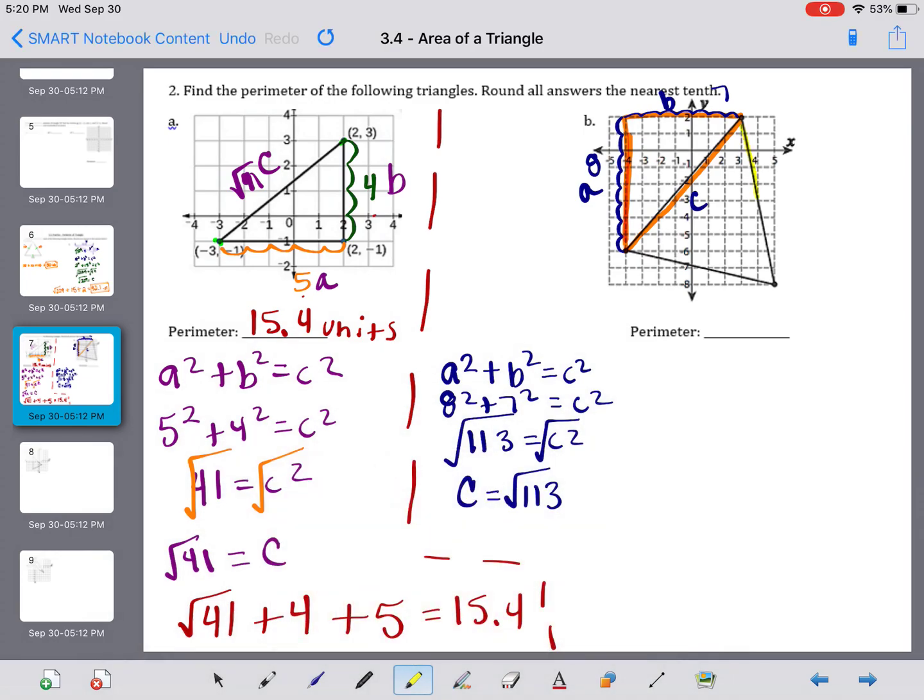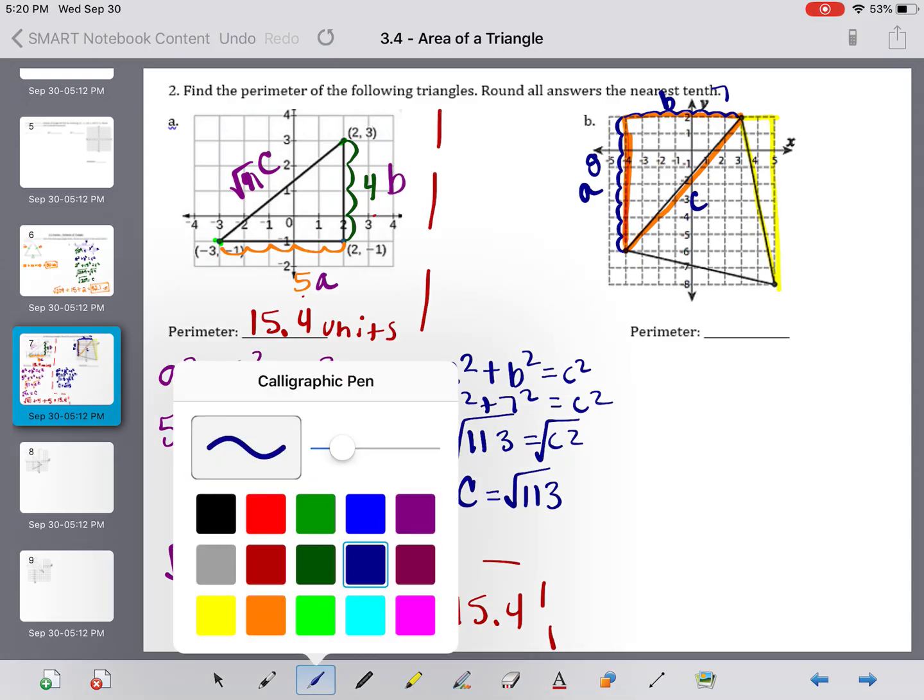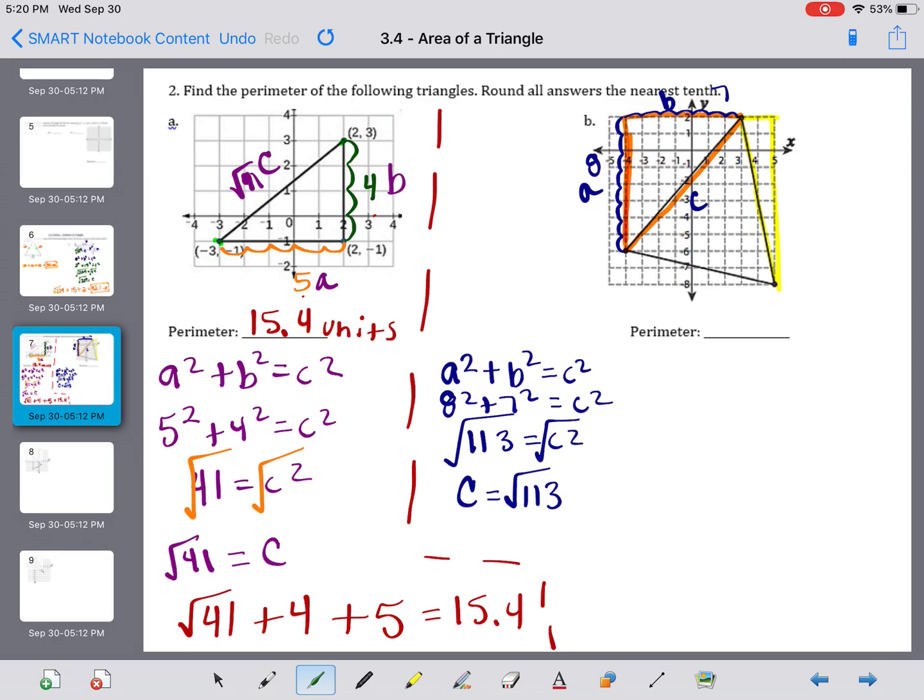So let's find the length of this side. Make my right triangle. We'll make, again, the side we're trying to find is our C. I'll make this top one my A and this side one my B. When I count the top, it's 2. When I count the side, it's 1, 2, 3, 4, 5, 6, 7, 8, 9, 10.